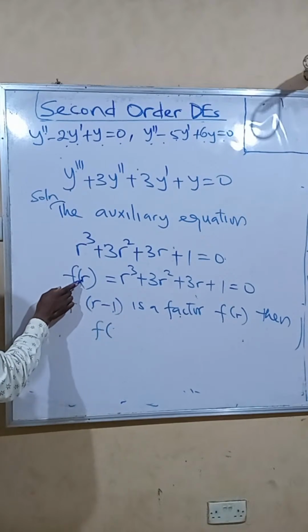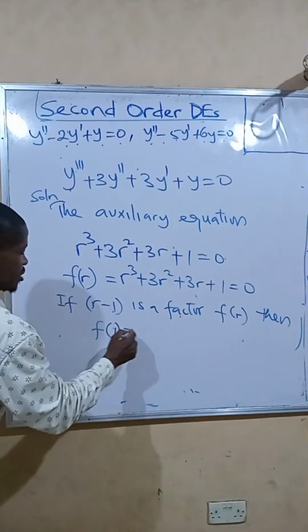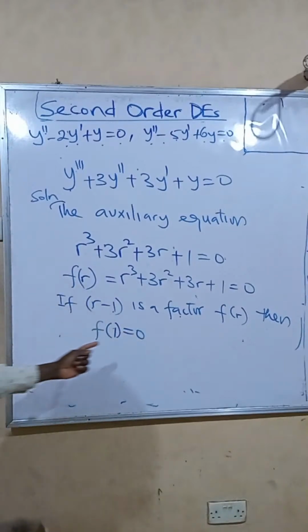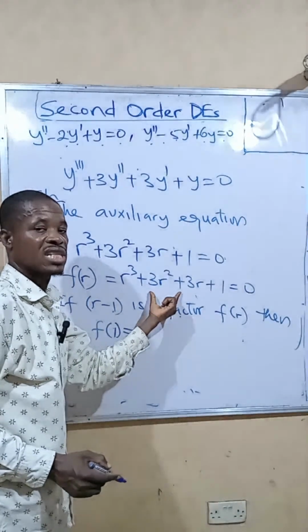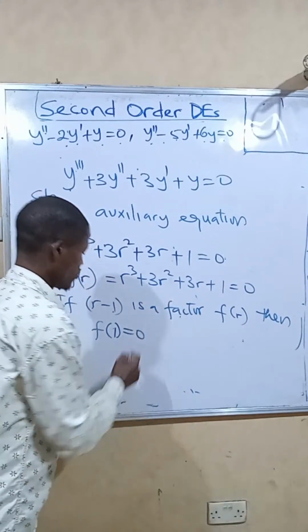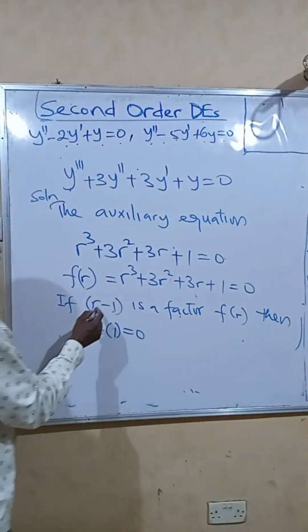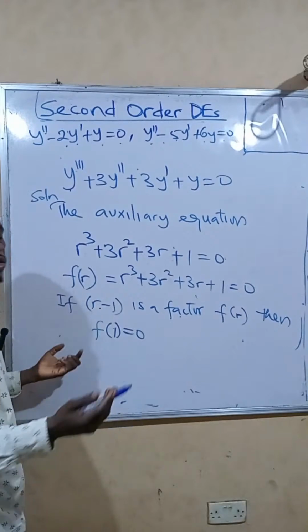So anywhere you see r, you put 1 there. F of 1 will be equal to 0. If you put 1 in this equation, can it give you 0? No. So that means r minus 1 is not equal to 0.